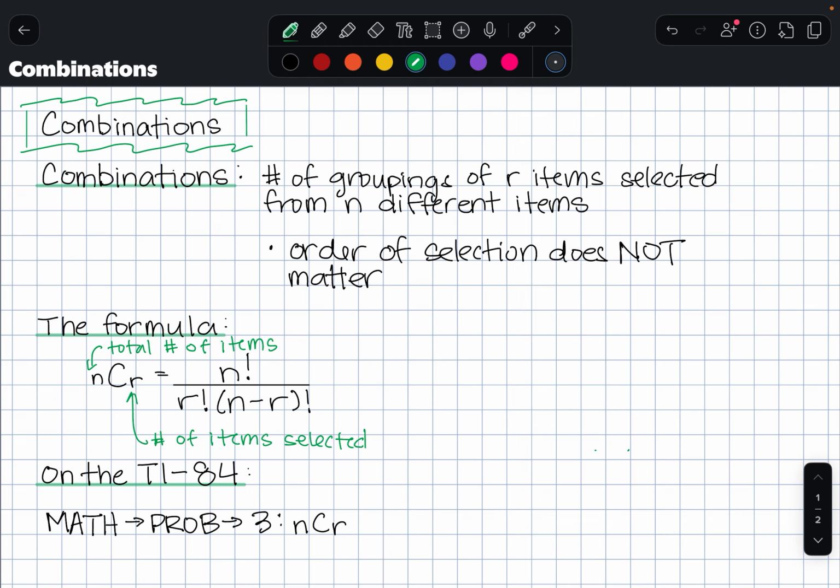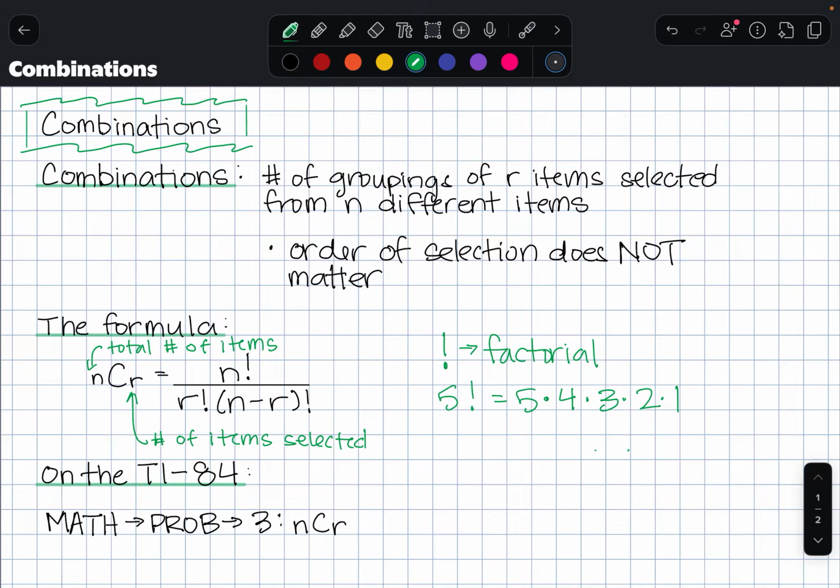For some of you, you may not have seen an exclamation point used in a math class before. That exclamation point is called the factorial function. What a factorial function does is it takes a number, for example 5, and multiplies it by all of the numbers less than 5, all the way down to 1.